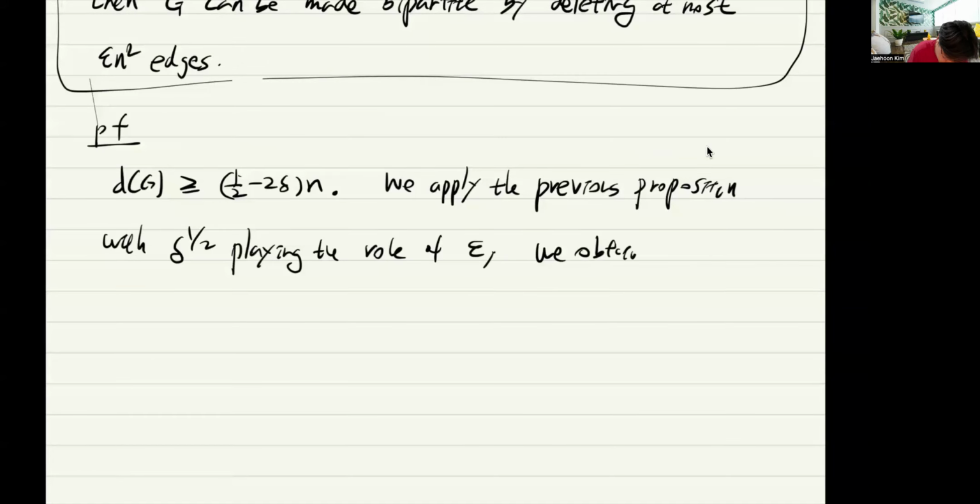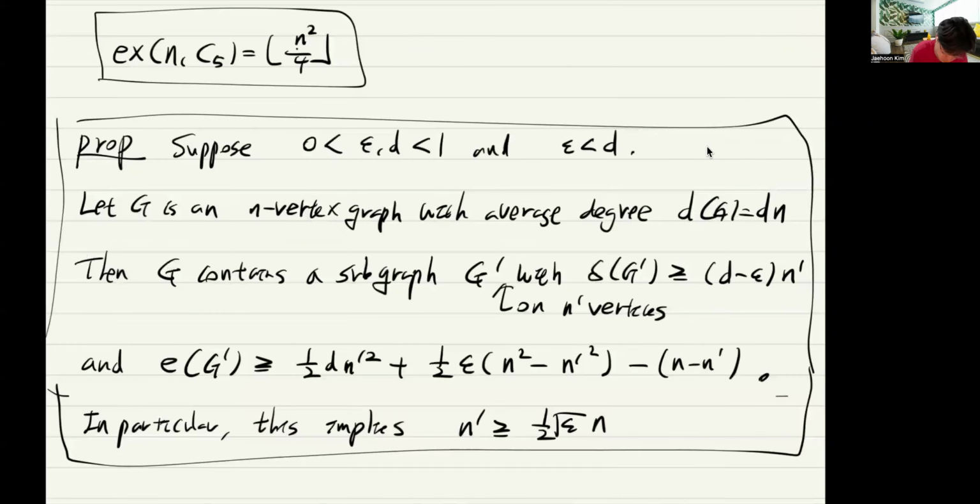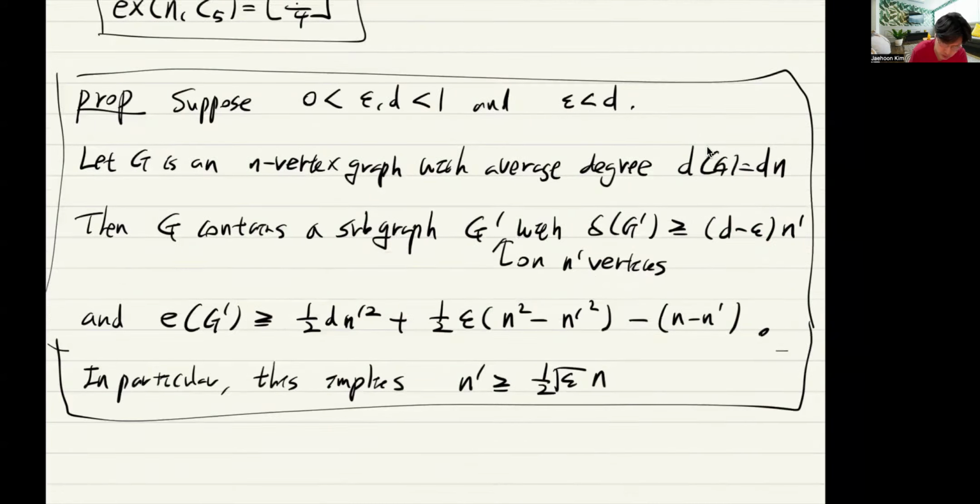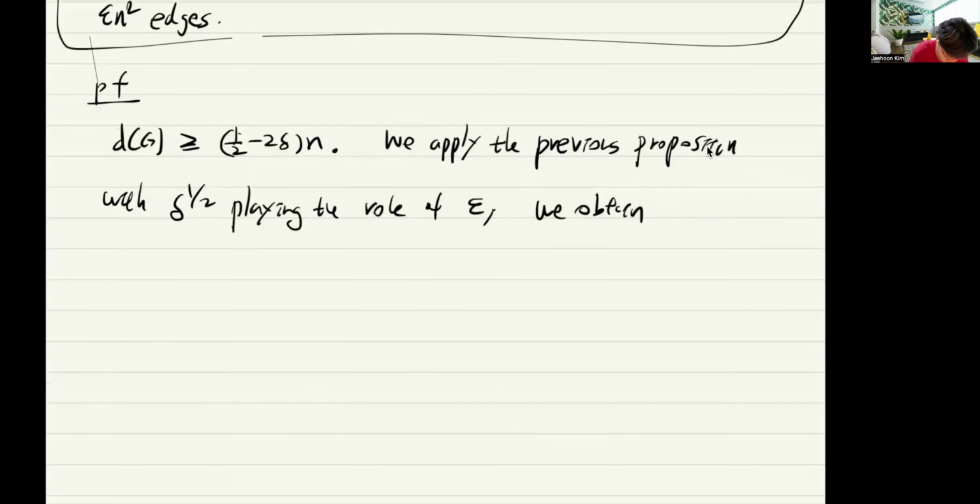This epsilon in the proposition is how much we lose by converting to minimum degree.